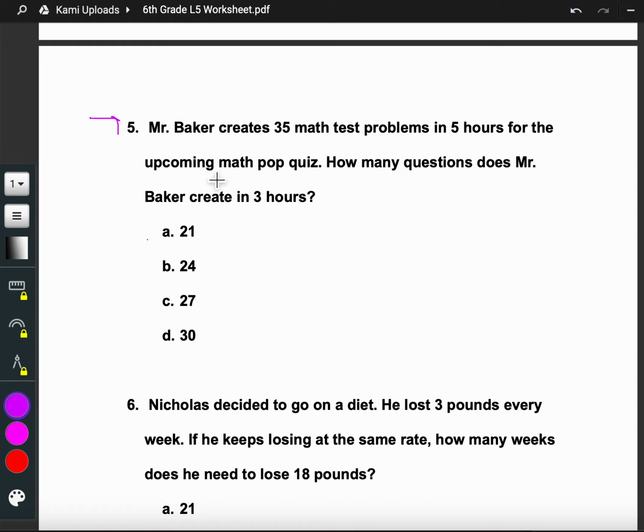Number 5, Mr. Baker creates 35 math test problems in 5 hours for the upcoming math pop quiz. How many questions does Mr. Baker create in 3 hours? Okay, so he creates 35 math problems in 5 hours. How many does he create in 3 hours? So same thing. We're gonna cross multiply, so 5 times x and 35 times 3.